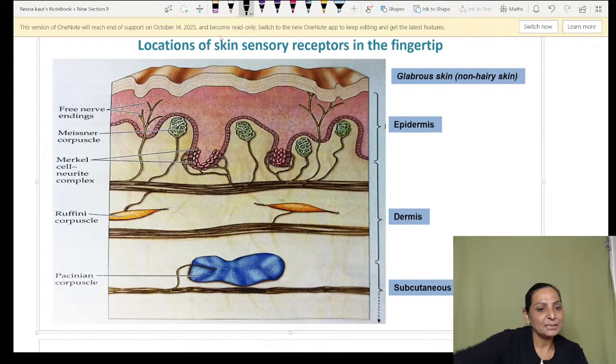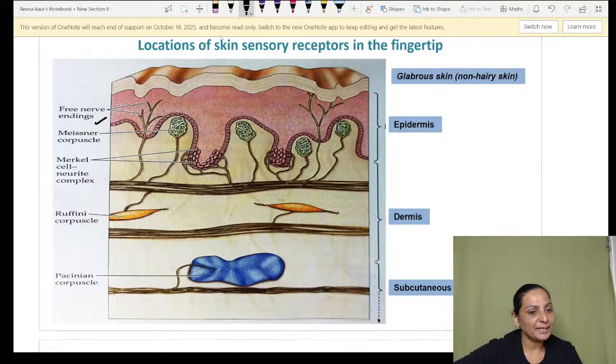So you can see that the most superficial ones are the free nerve endings, Meissner's and the Merkel's corpuscles. Meissner's corpuscles are supposed to be rapidly adapting touch receptors. Meissner's.